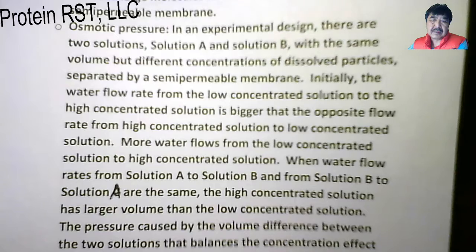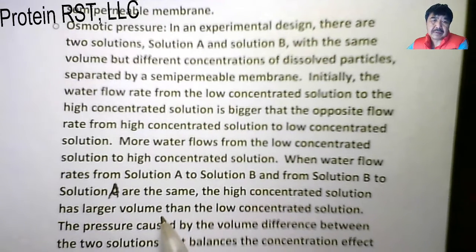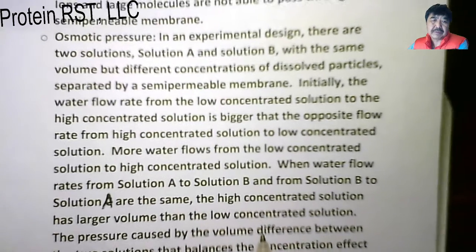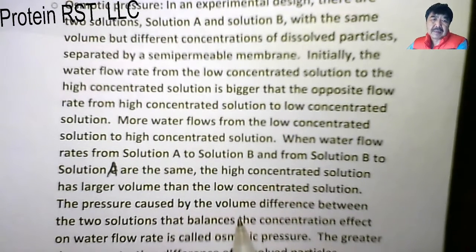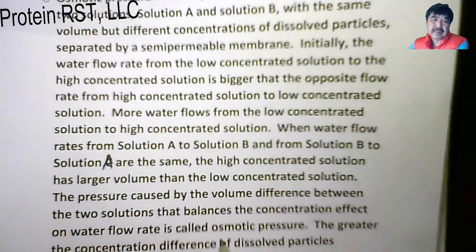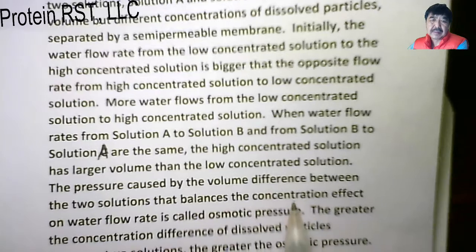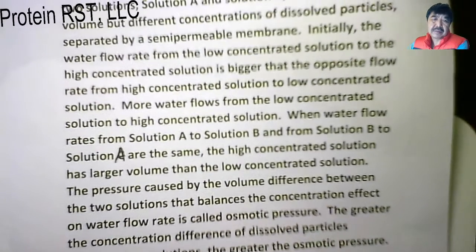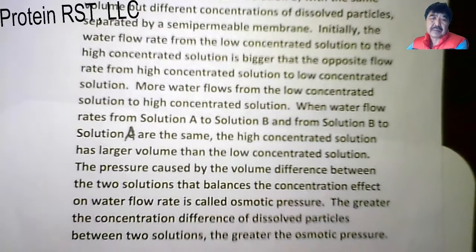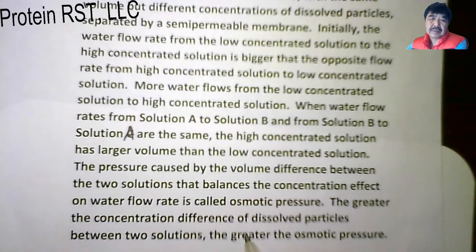The highly concentrated solution then has a larger volume than the lower concentrated solution. The pressure caused by the volume difference between the two solutions, which balances the concentration effect on water flow rate, is called osmotic pressure. The greater the concentration difference of dissolved particles between two solutions, the greater the osmotic pressure.